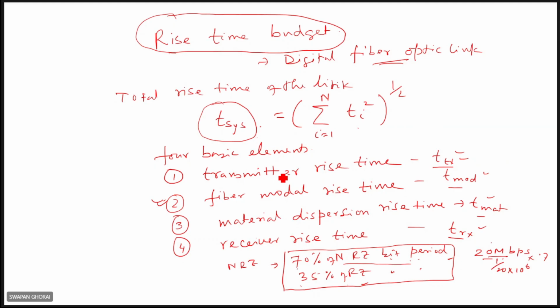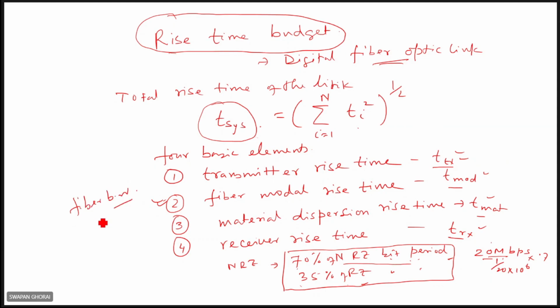Anyway, for this purpose, generally empirical relations are used. Empirical relations means based on field experience, practical field experience. Some empirical relations are used, and in those relations, generally the modal dispersion rise time is expressed in terms of fiber bandwidth.